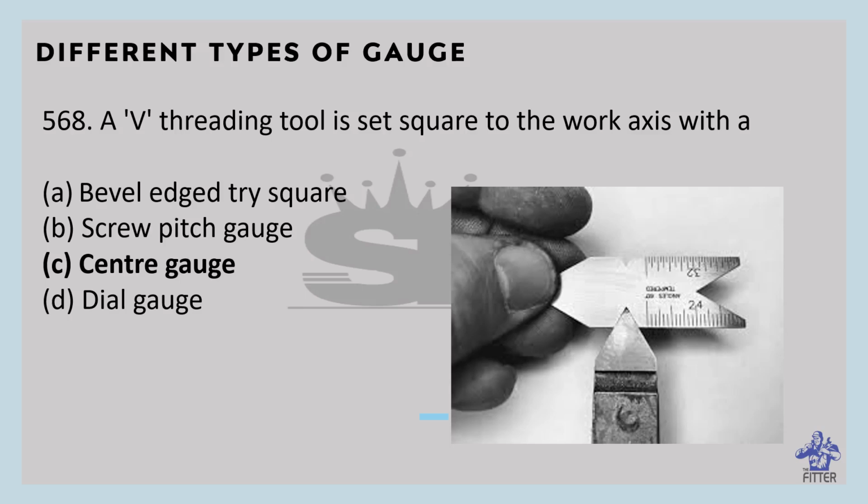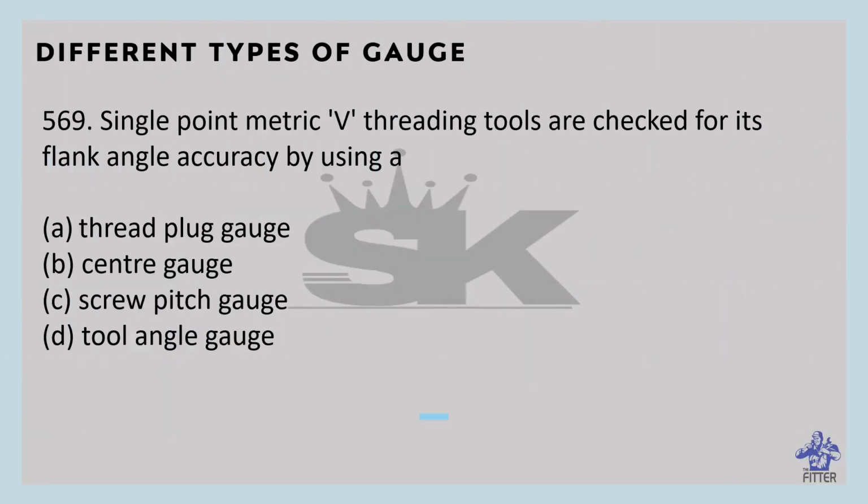It is made of spring steel, hardened and tempered, and is used mainly for grinding and setting single point cutting tools. Single point metric V threading tools are checked for flank angle accuracy using a center gauge.